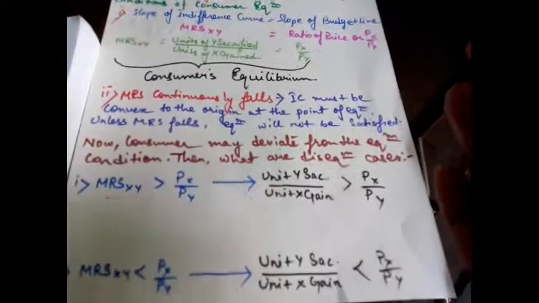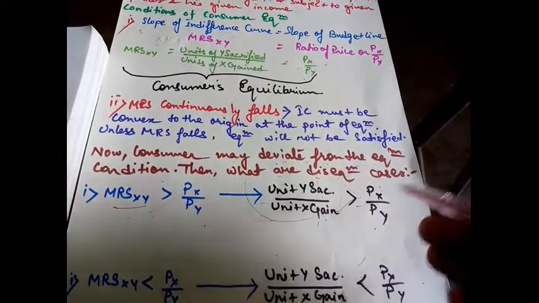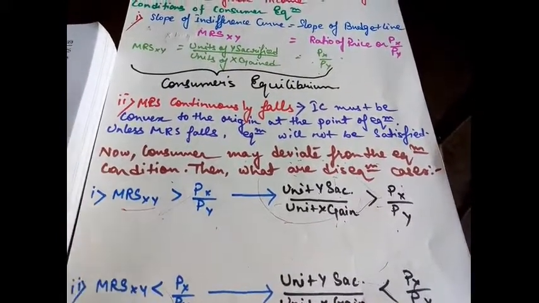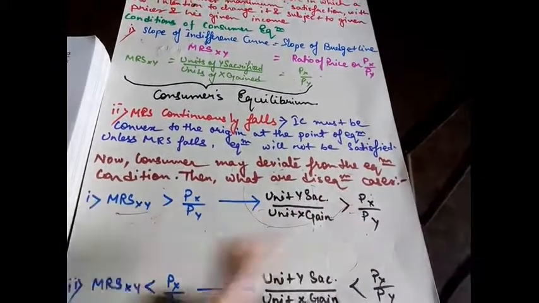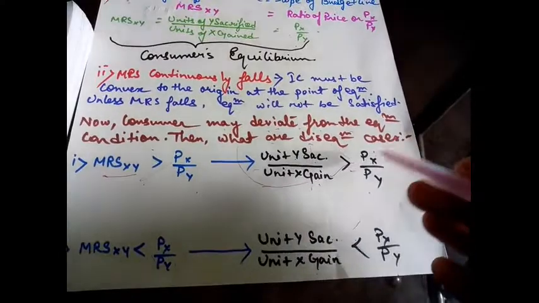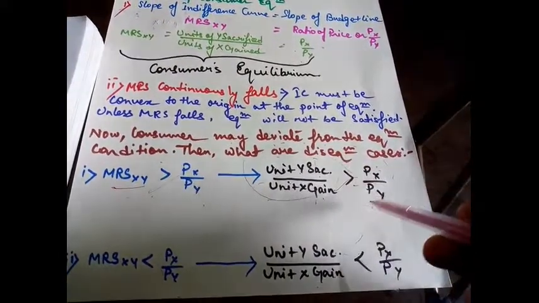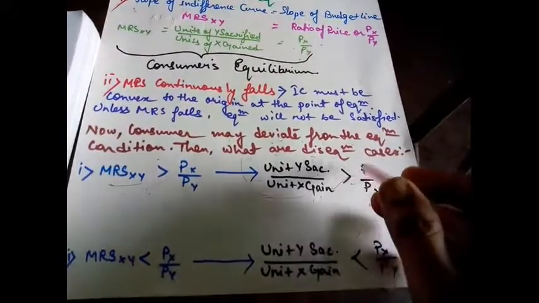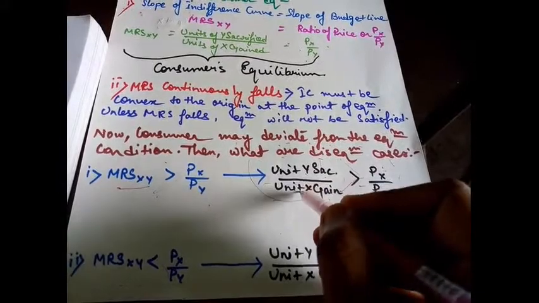The assumption has been told that price of X and Y will not change. Assume, think of it. Economics is all about thinking, assuming. Think of it that price of X and price of Y are constant. You cannot change anything here. You can only change something here.